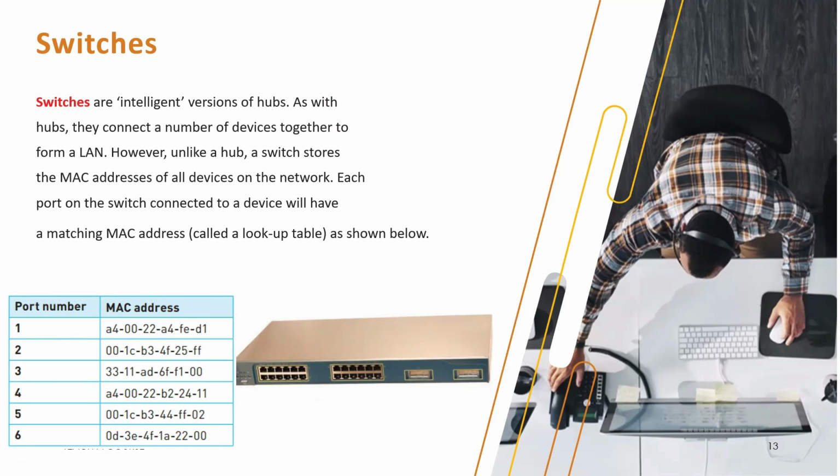A switch has a lookup table that looks like this. It stores the MAC addresses of the devices connected to its ports so that it is able to forward a packet to the correct device.